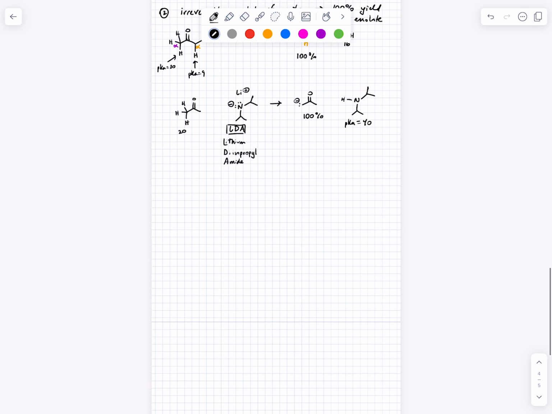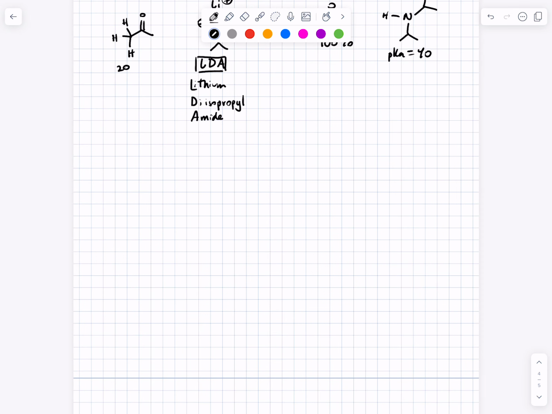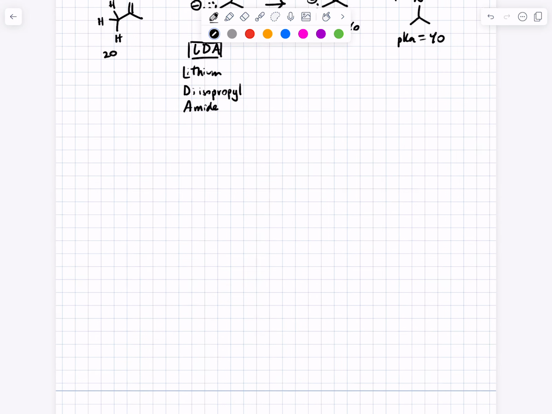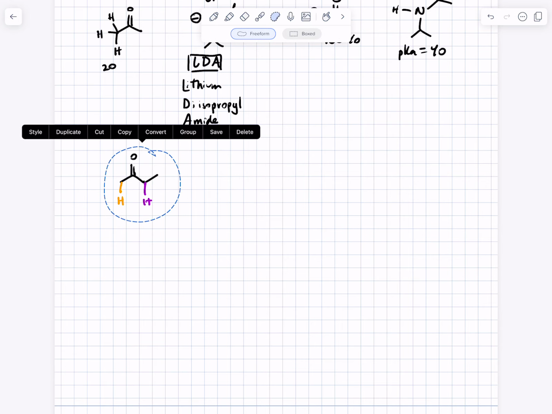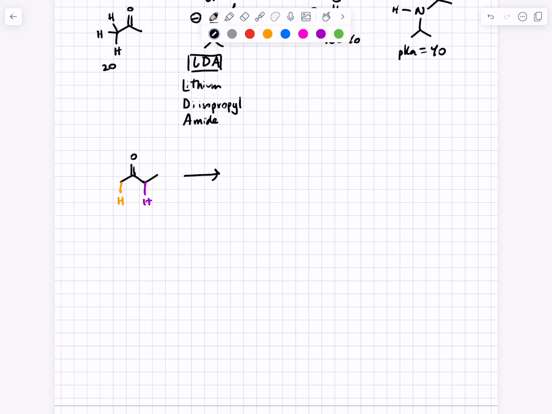For irreversible conditions, that regioselectivity switches. You will see for our starting material that we just barely introduced with the orange enolate and the purple enolate. For LDA, you will see that we exclusively get, or we get with some regioselectivity, the less substituted enolate.